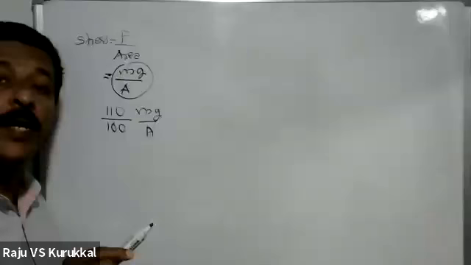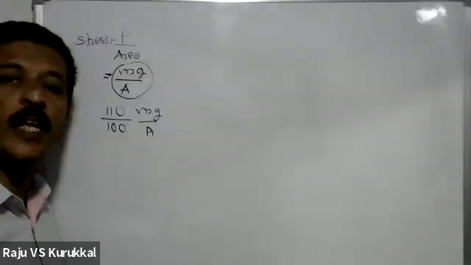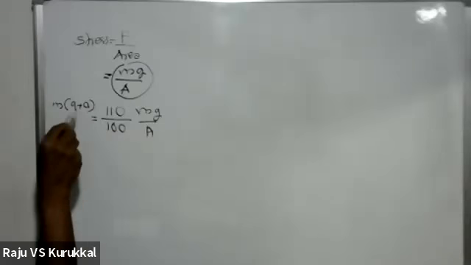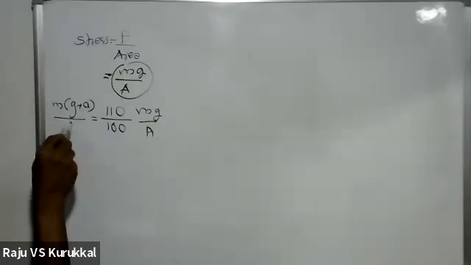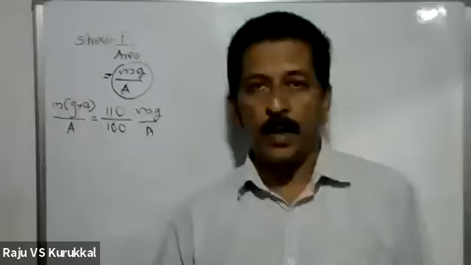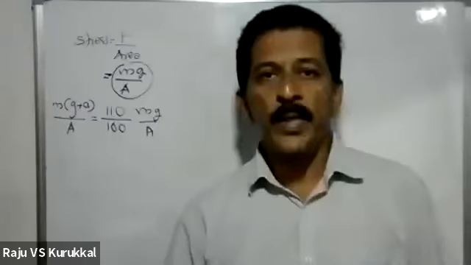Force by area, but the force is M into (G plus A) because the lift is moving up. This is equal to M into (G plus A) divided by area. If the lift is moving down, it is M into (G minus A). That is the resultant reaction.